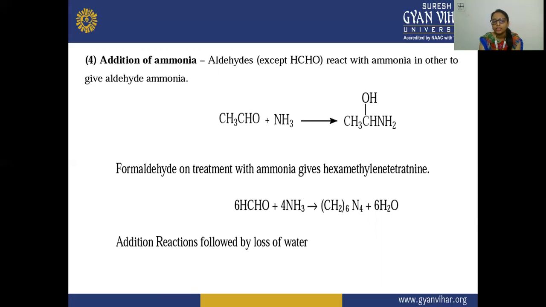So there is HCHO plus NH3, formaldehyde and ammonia, and they are reacting. They are giving you this hexamethylene tetramine plus water molecule. So in this addition reaction, there is a loss of water molecule.